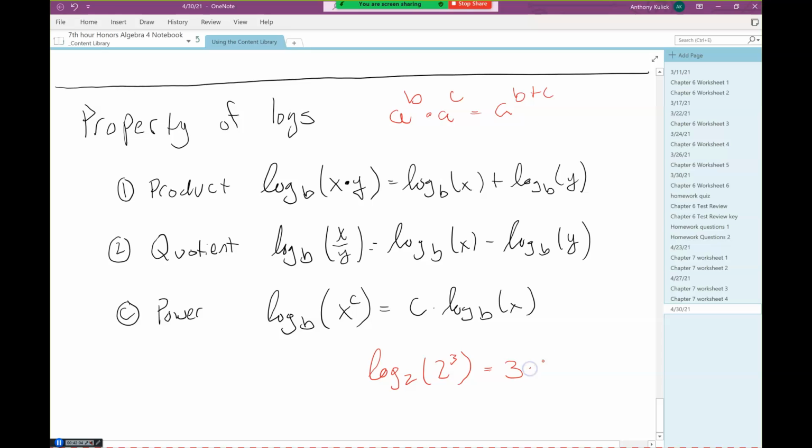Well, this is the same thing as saying 3 times log base 2 of 2 to the first, which is just 3 times 1, or 3. So again, that's the power property happening, whether you're thinking about using it or not.